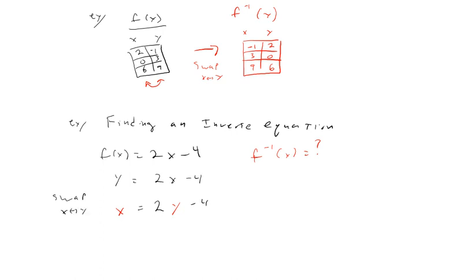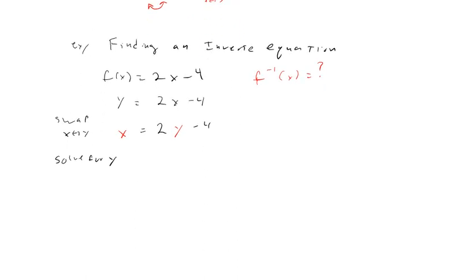And then to find the equation, you solve for y. Get the y by itself, and that'll become your inverse equation. So, to solve, I've got to add 4 to both sides.